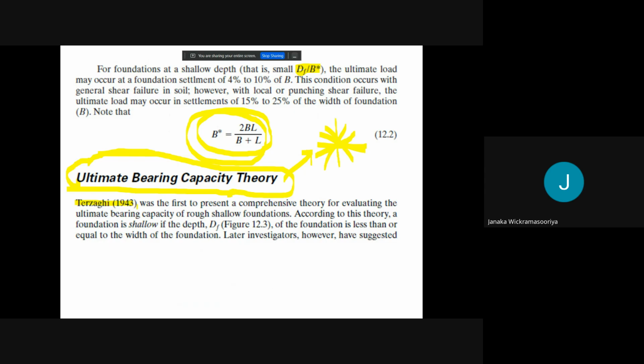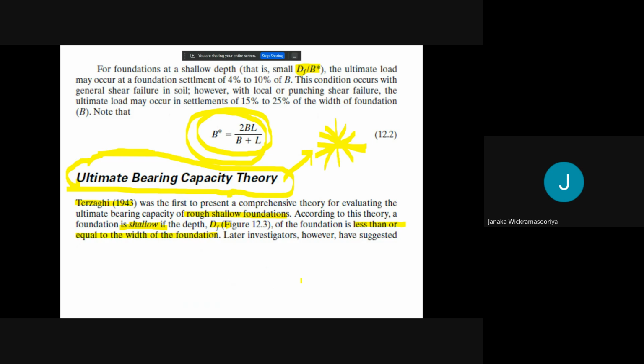Terzaghi in 1943 was the first to present a comprehensive theory for evaluating the ultimate bearing capacity of rough shallow foundations. According to his theory, the foundation is shallow if the depth dF of the foundation is less than or equal to the width of the foundation.